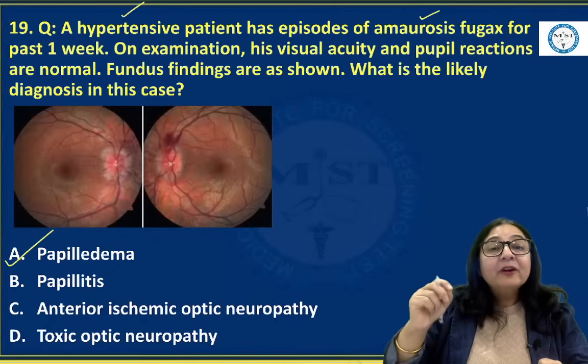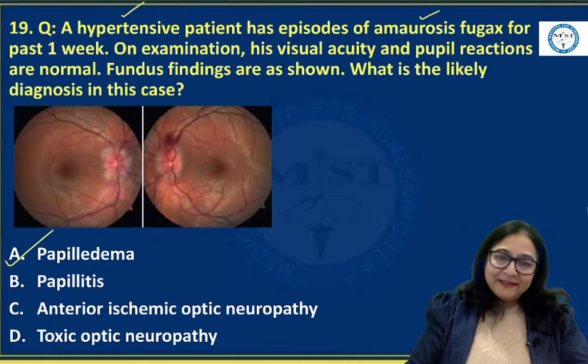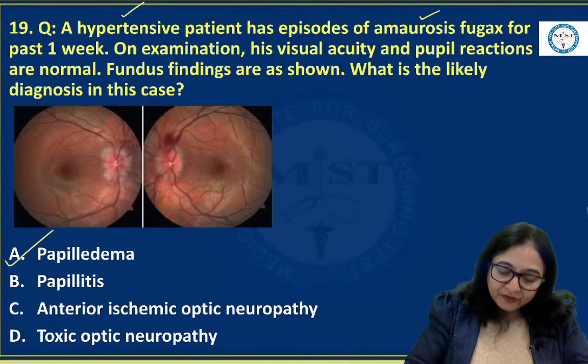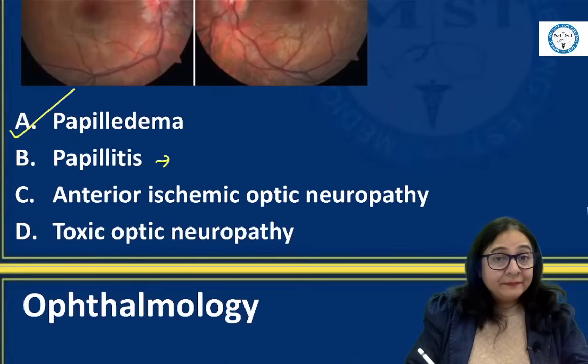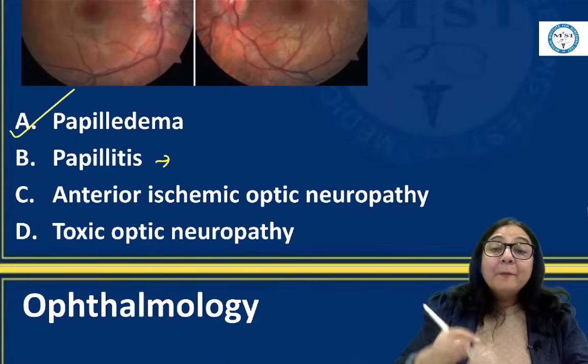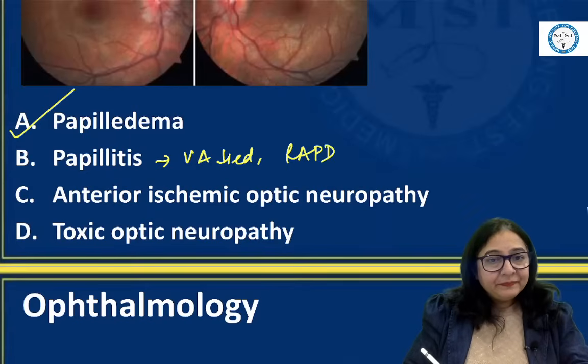Why is this so? Because papilledema is a passive swelling of the optic disc. Okay? Now a similar picture of disc edema can also be seen in papillitis, optic neuritis. But in those cases the visual acuity will be decreased, color vision will be decreased, and there will be RAPD.